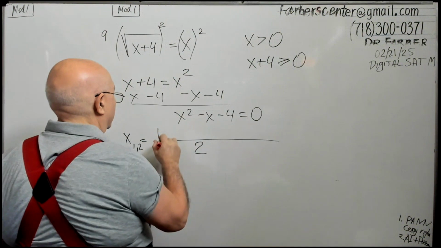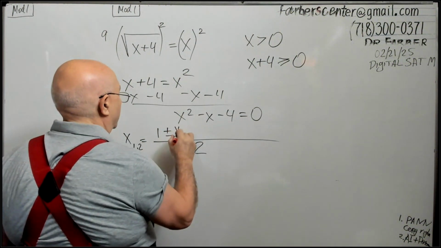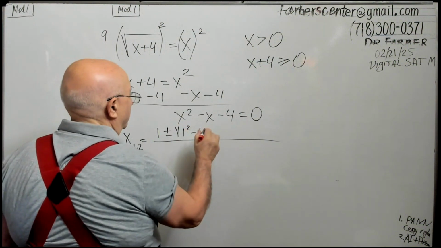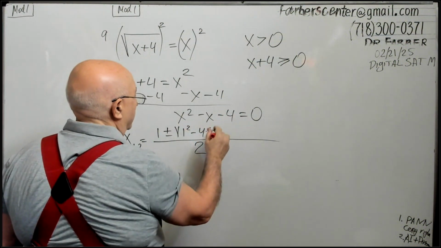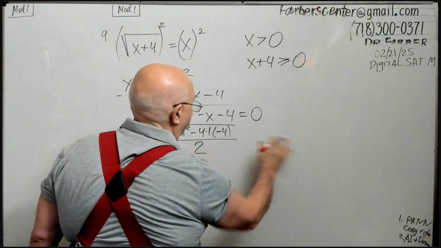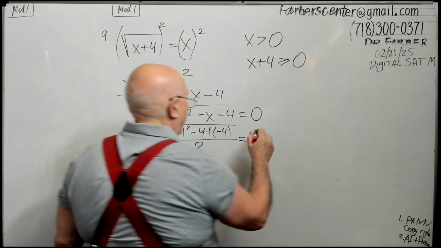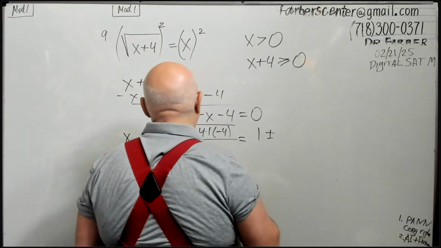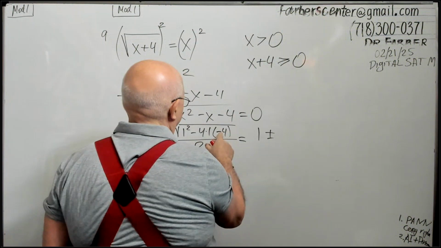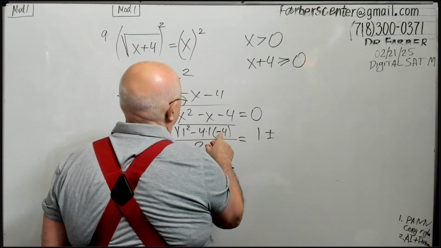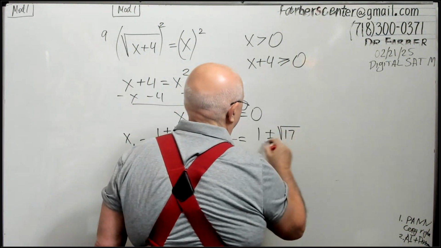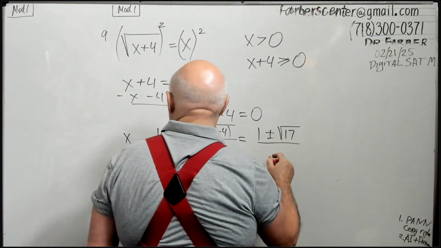The second coefficient, 1. Plus minus the square root of 1 to the second minus 4 times 1 times negative 4. Or 1 plus minus the square root of 1 plus 16, 17, divided by 2.